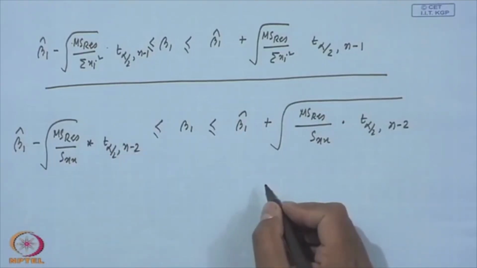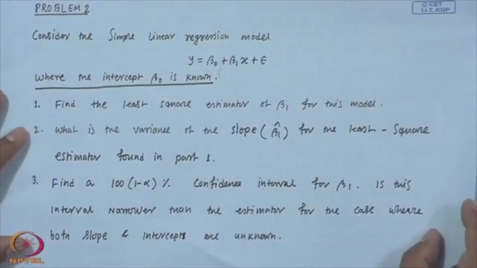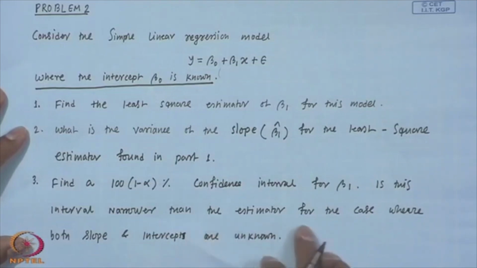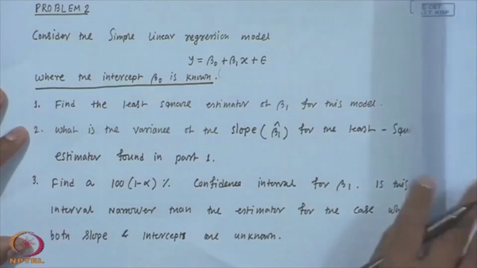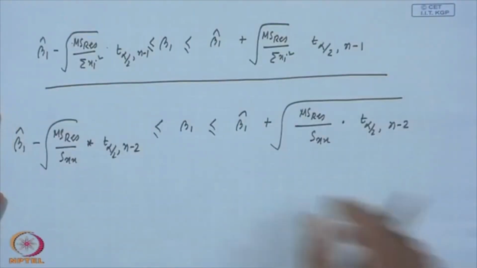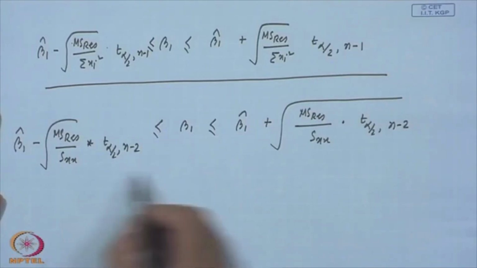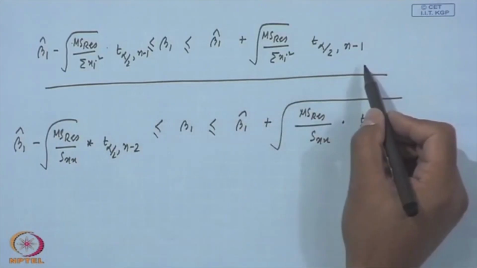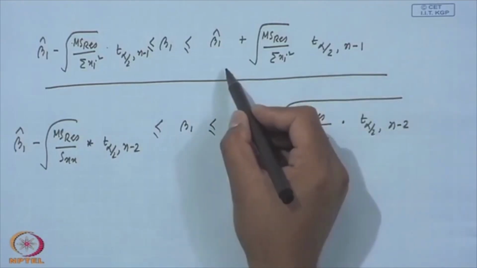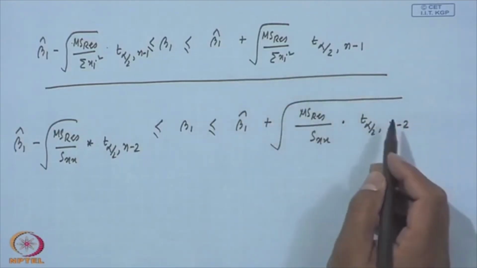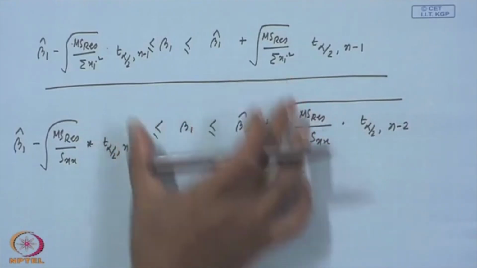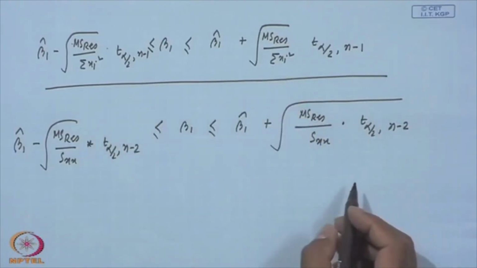Now, the question was, is this interval narrower than the estimator for the case where both slope and intercept are unknown. So, this is the case when both intercept and beta 1 are unknown, and this is the case when beta naught, the intercept, is known. Okay. Now, whether this interval is narrower than this one, how to check that?